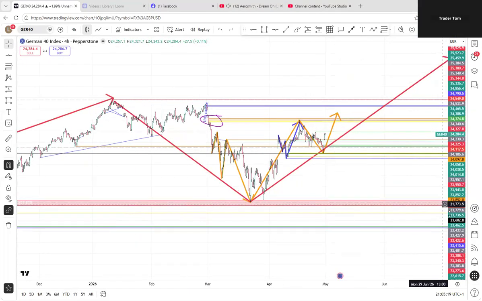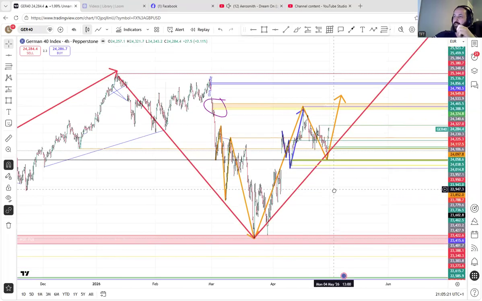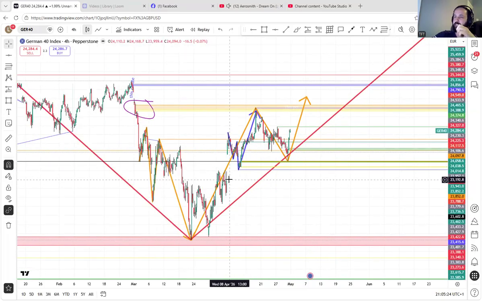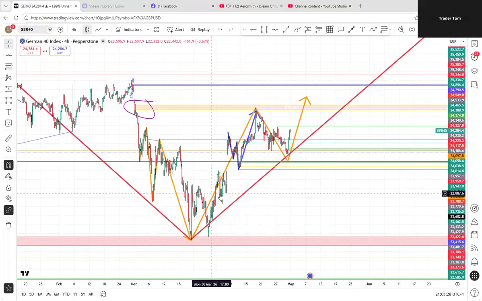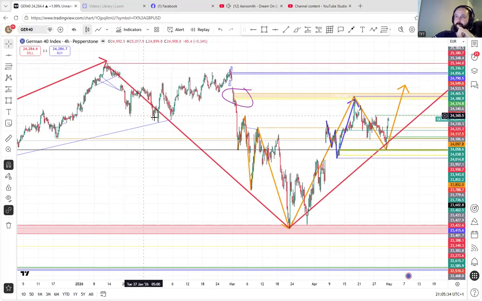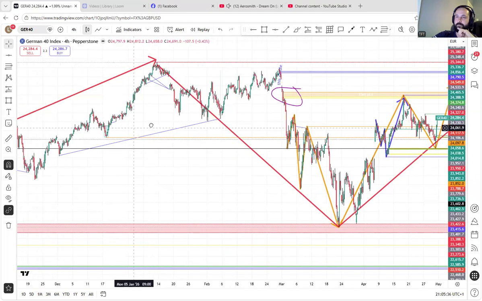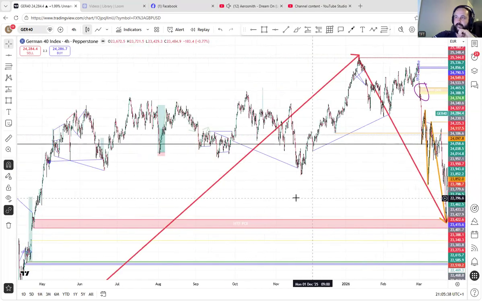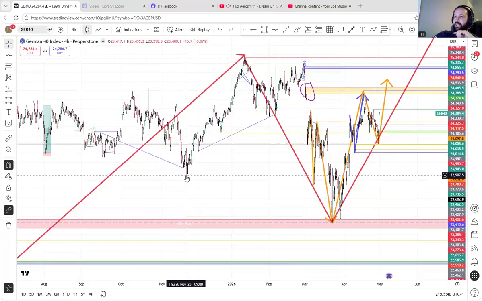Now, on this occasion, there's still a market gap up here, so price could still well and truly come lower. Let me try and find the 15 at least. This is a decent low here.